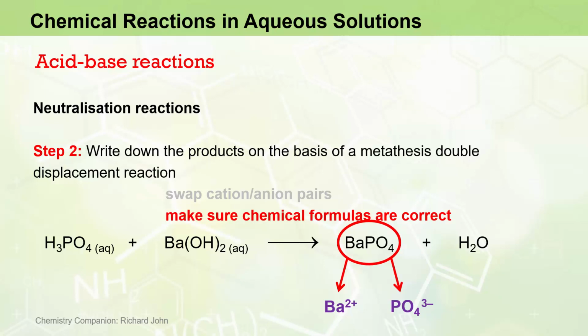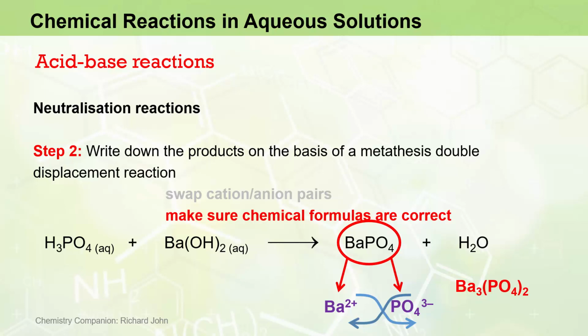So when we use our crisscross method, we can take the 2 from the 2+ charge of barium and put it down as the subscript for the phosphate ion. And we can take the 3 from the 3- ion of phosphate and put it down as the subscript for barium. And so the chemical formula for barium phosphate is Ba3(PO4)2.